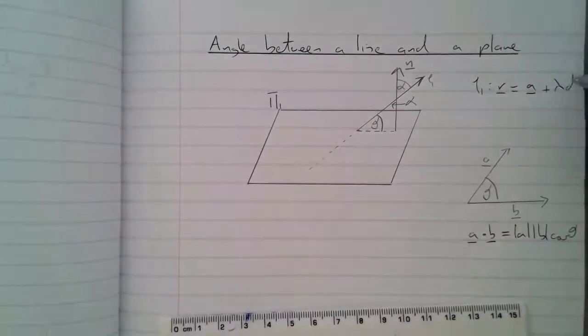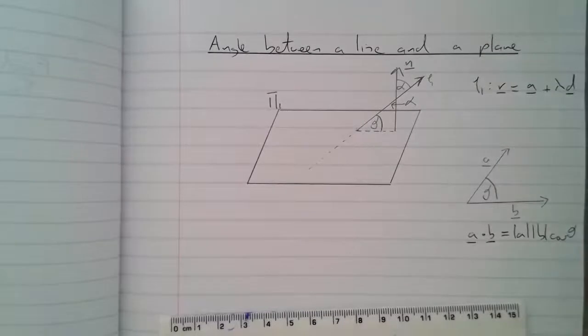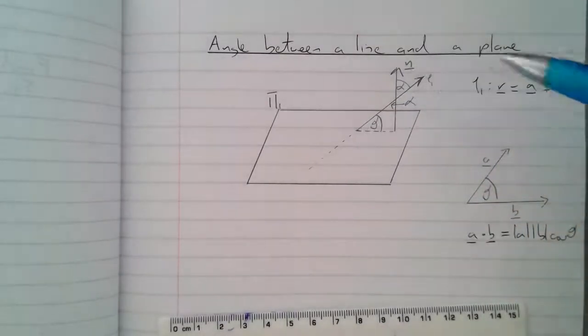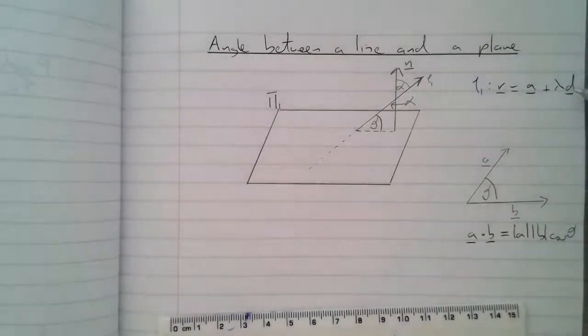Now remember what we talked about in the first lesson. This thing here gets me to the line, but this thing lets me move up and down the line. d for direction, it's the direction of the line. So the vector that I would use to dot with the normal is not all of this together, it is just the d bit.